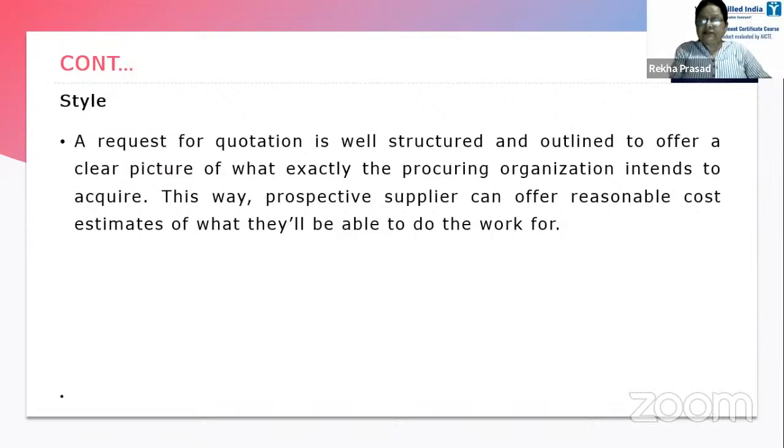So it is well structured, so that it will be suiting both the suppliers as well as the buyer. If it is too costly, the buyer will not buy it. If the quality is not up to the mark, then also the buyer will not buy. So it is a business deal going on between the buyer and the supplier. So this has to be in a structured manner.